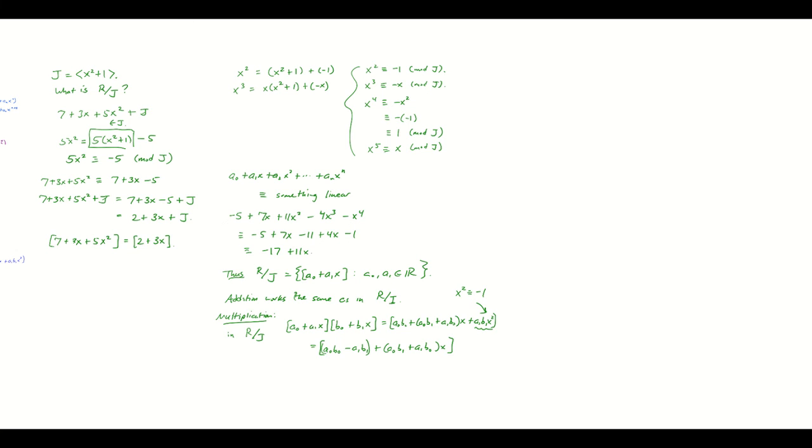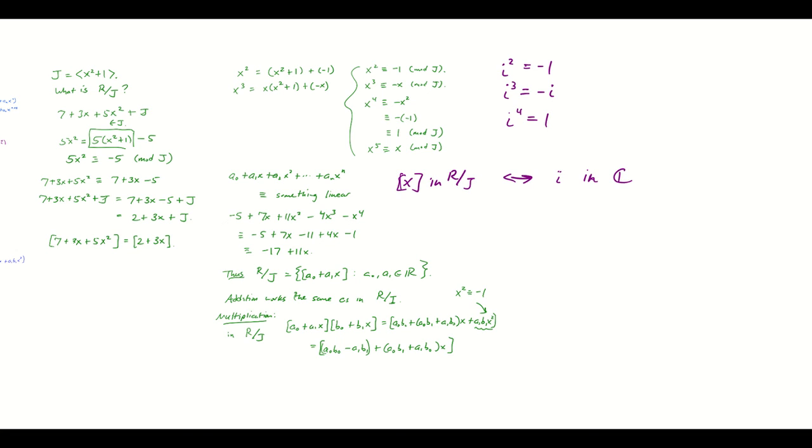You've seen that structure before. That structure is the structure of the imaginary numbers. You'll remember that i squared was negative 1, i cubed is negative i, and i to the fourth is equal to 1. So when we say bracket x over here in R mod J, that's really the same concept as i in the ring of complex numbers.